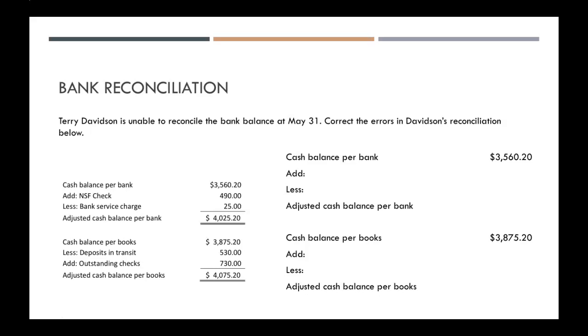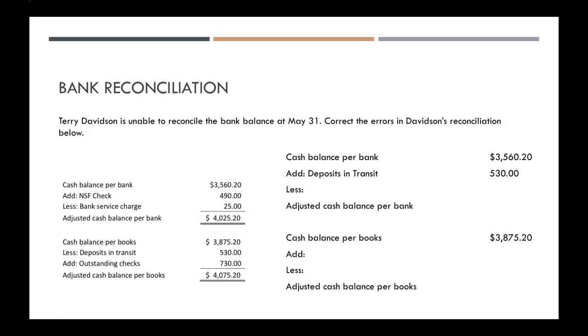Well, this is going to be something that the bank doesn't know about and would increase the balance in your bank account. So that's going to be a deposit in transit. So what is a deposit in transit? Well, this is any time that you have recorded a deposit in your books, it just hasn't gotten to the bank yet.